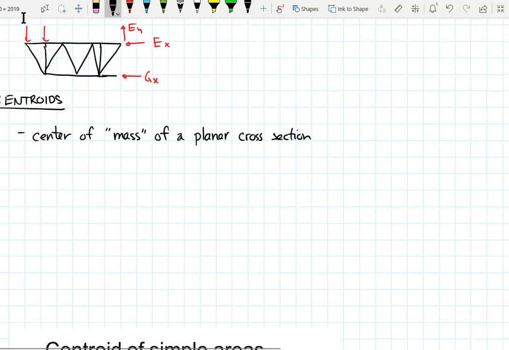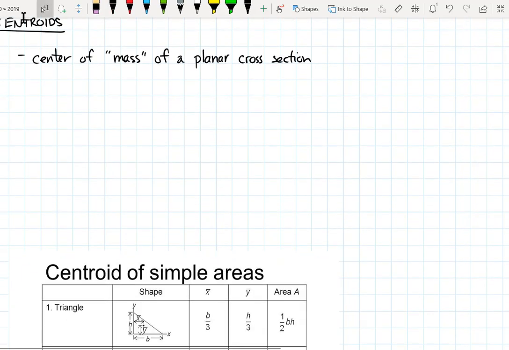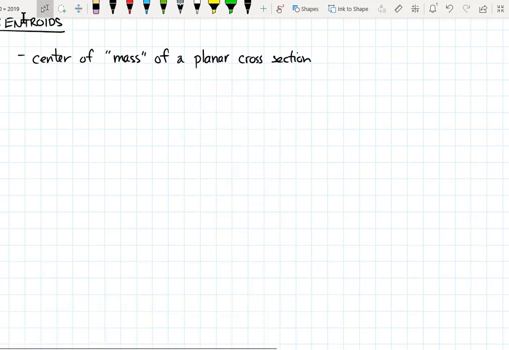So this cross-section, we're going to start talking about beams and things like that, and a beam could be a rectangle, like a 2x4, and it goes off somewhere, and its cross-section is just this rectangle.